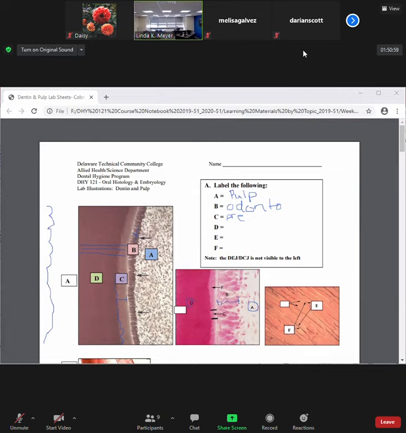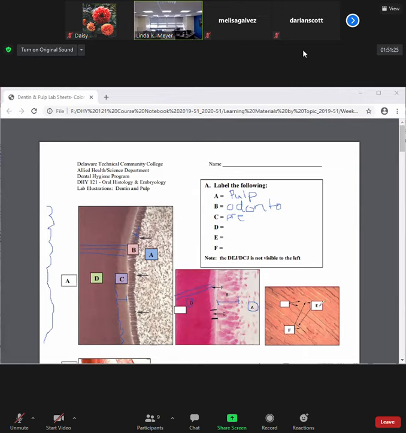And then F is where I can see the dentinal tubules at a little bit better magnification going through the tissue. And then when that's magnified a little bit more, you can see like the white channels on the far right. Those white channels are the tubules.